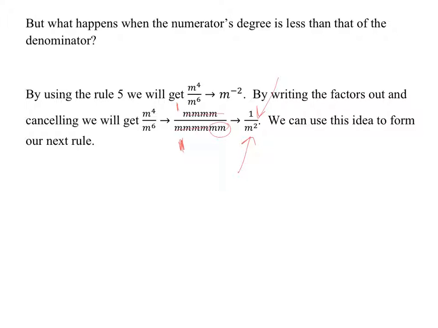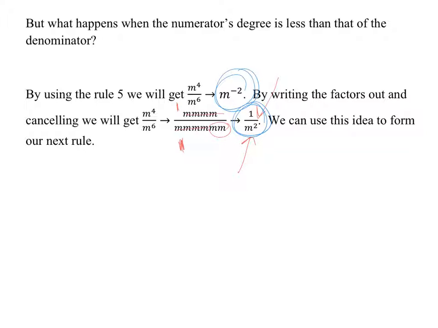So how does this help us with the next rule? You could look ahead if you want to, or you can try and come up with the next rule. How does it help us? Helps us find negative powers. Yes, it defines a negative power. Look at what I'm circling. If those two things are the result of the same operation, they must be equal to each other, right?